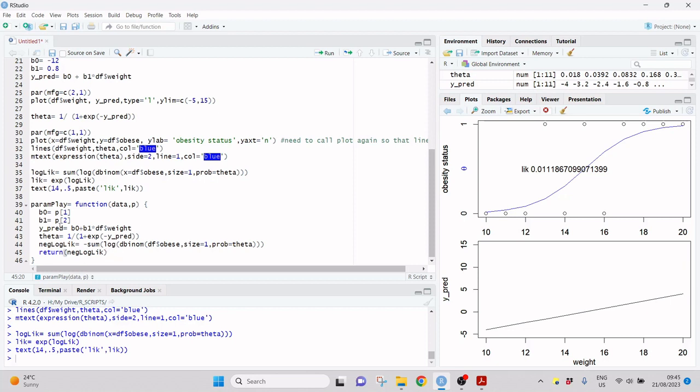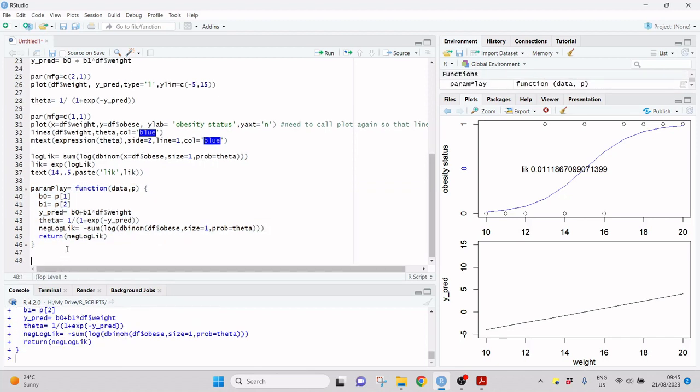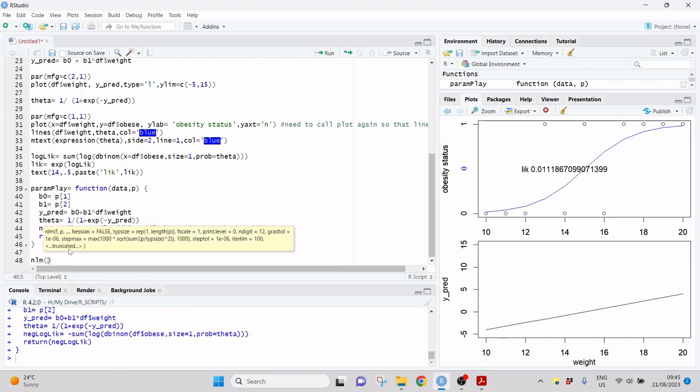Okay, so we can define our function, and then we do exactly what I said we would do. We put it in an optimization algorithm. One that I frequently use is NLM, nonlinear minimization, but there are other ones. If this is completely unfamiliar to you, that's not all that important.